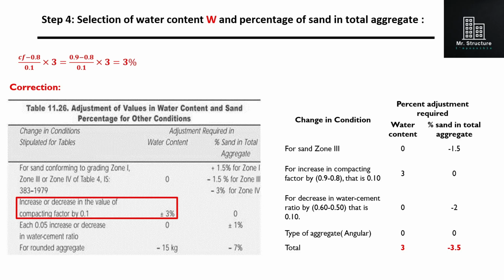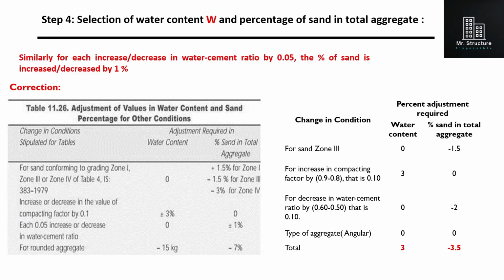Therefore, (0.9 minus 0.8) by 0.1 into 3 becomes 3%. Also, there is no correction for the percentage of sand. Similarly, for each increase or decrease in water cement ratio by 0.05, the percentage of sand is increased or decreased by 1%.